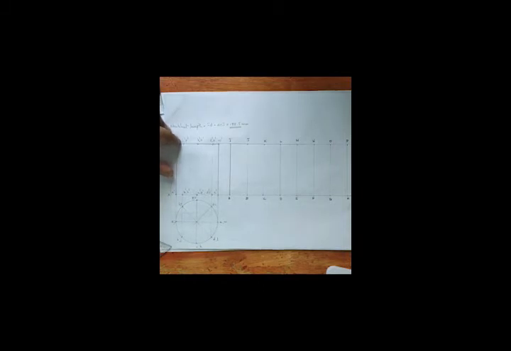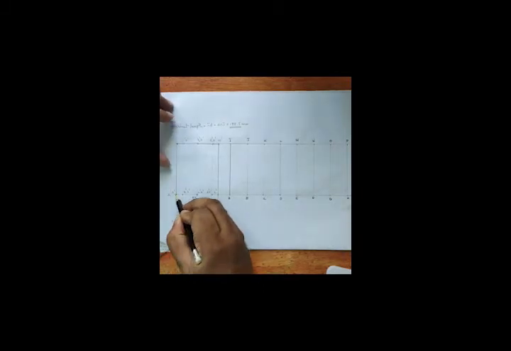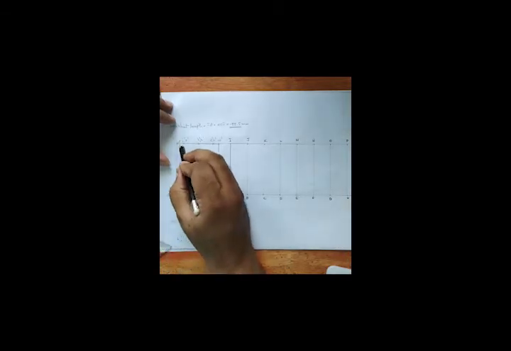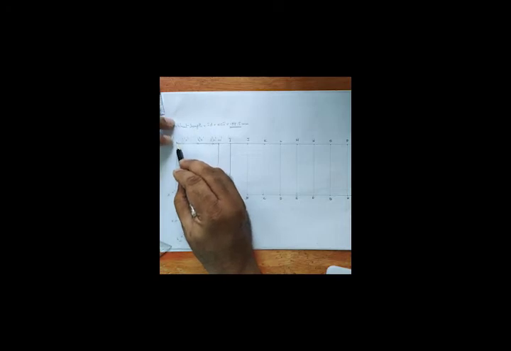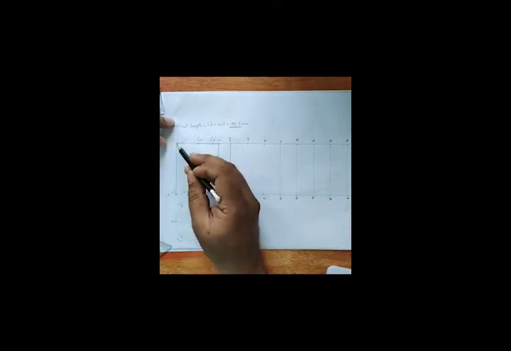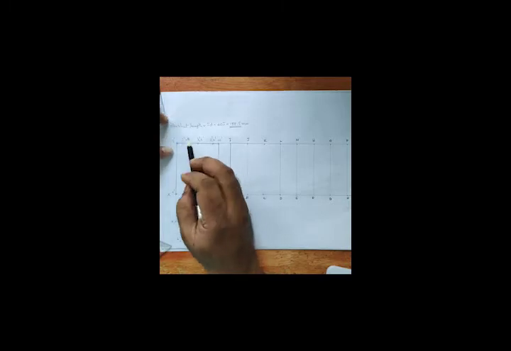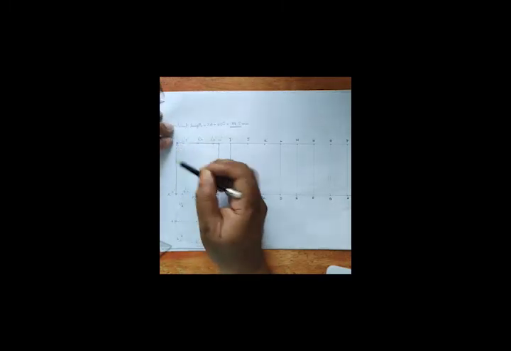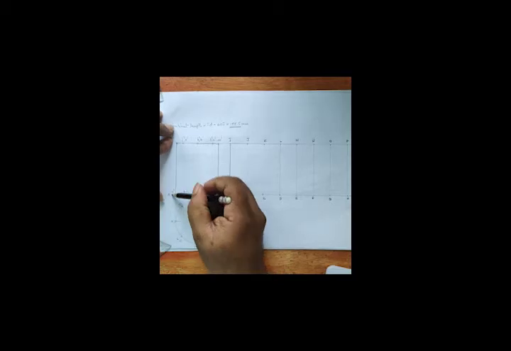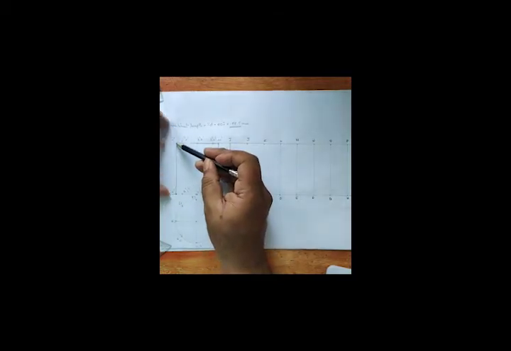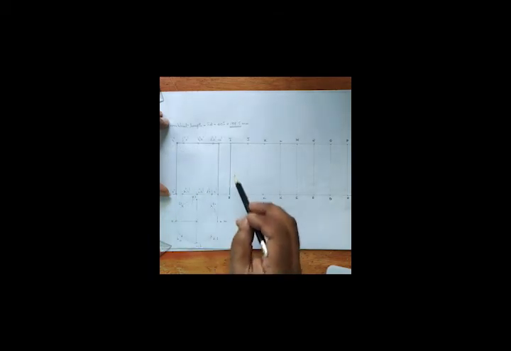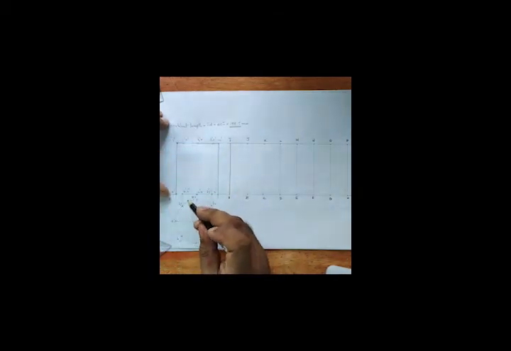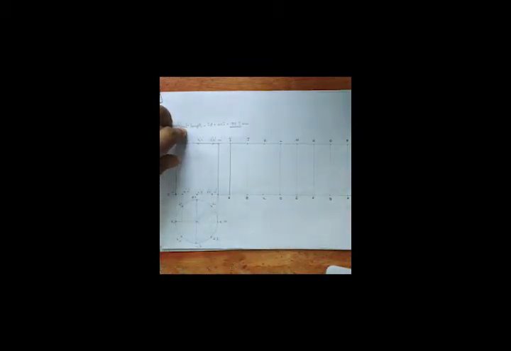The thread is attached to the base point A and the other end of the thread is attached to the point which is located directly above the first point, that is point I, but the thread has to complete one revolution around the object. So how can you achieve that?